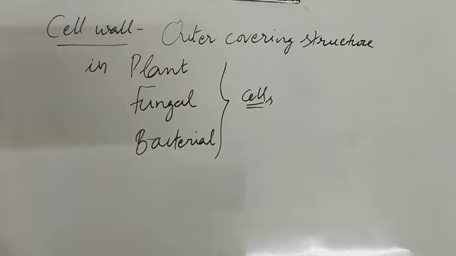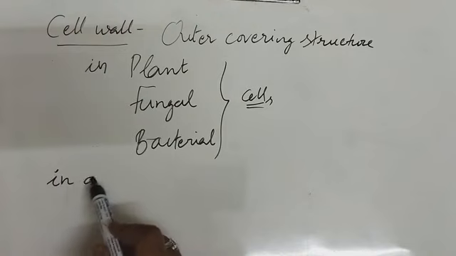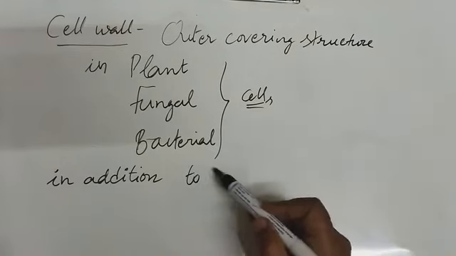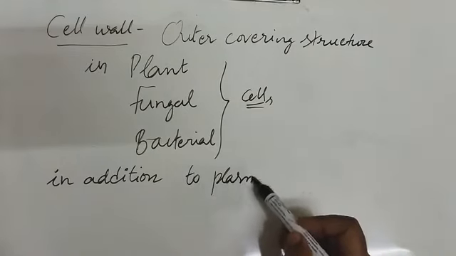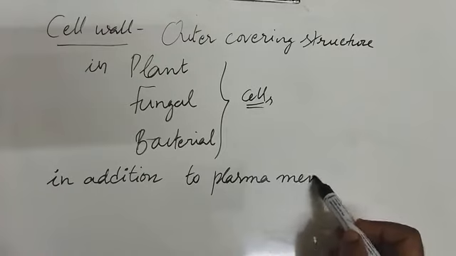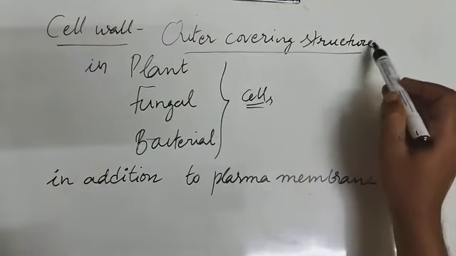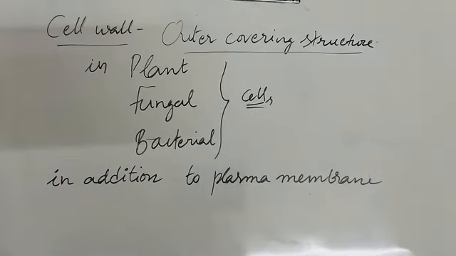Then, don't they contain a plasma membrane? It's not like that. In addition to the plasma membrane, the outer covering structure is present in these cells.